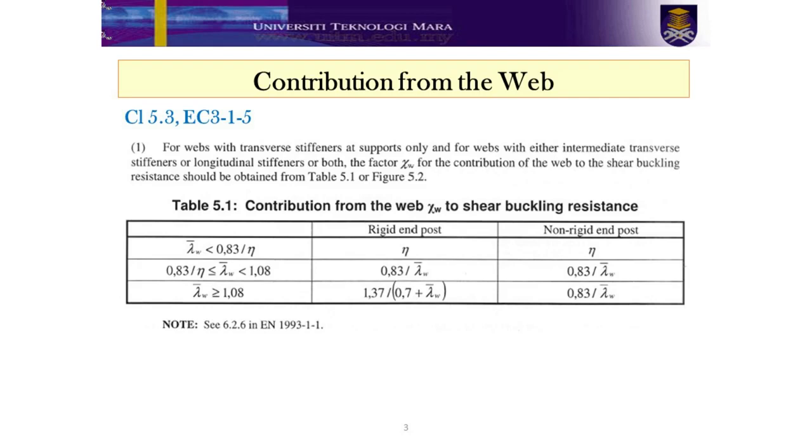If you look at table 5.1, our condition is the non-rigid end post. So for the non-rigid end post, firstly, we need to check whether the slenderness parameter is lesser than 0.3 over eta or not.